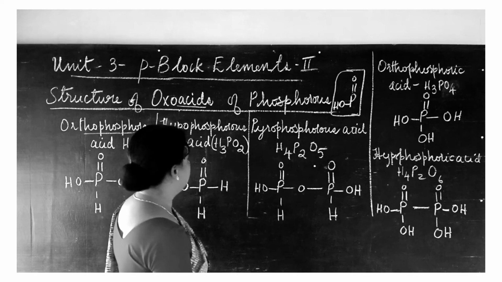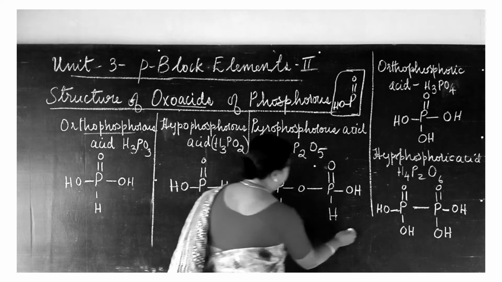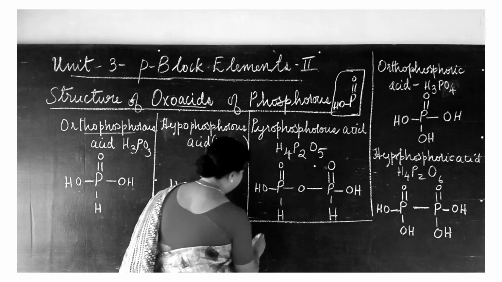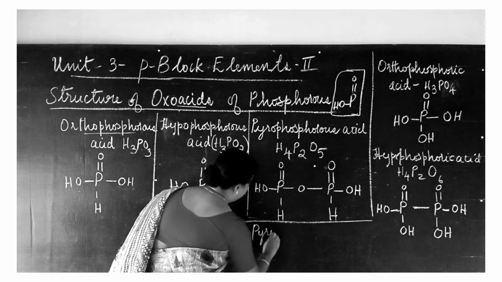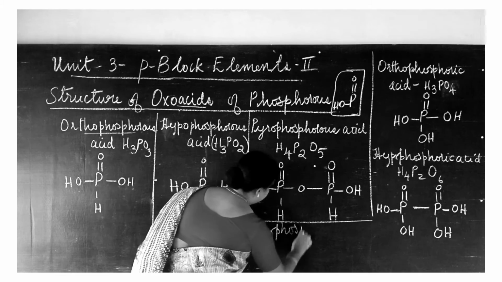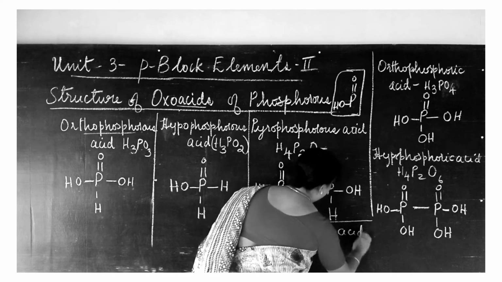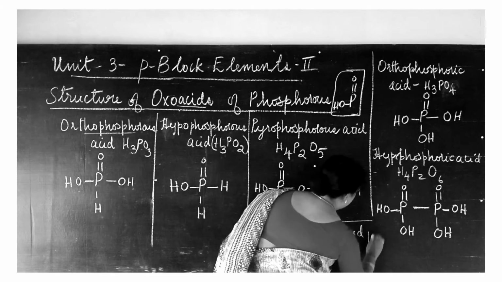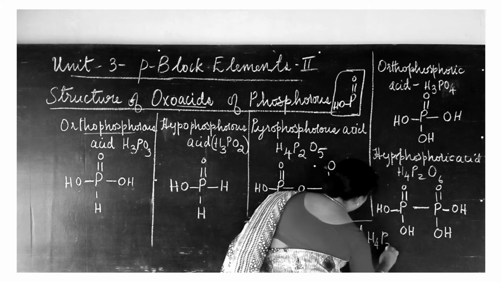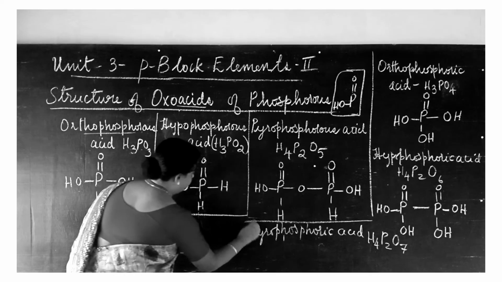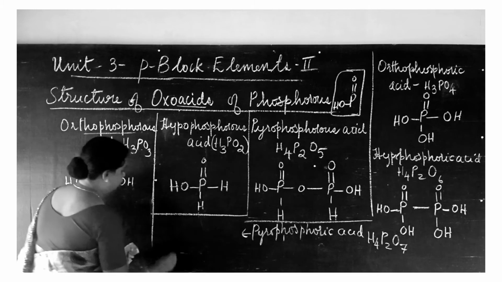Now what is one more that is left? So that is your pyrophosphoric acid. So that structure also I will write over here. Yes, pyrophosphoric acid. So the pyrophosphoric acid formula is H4P2O7. Yes, let me write the structure over here.